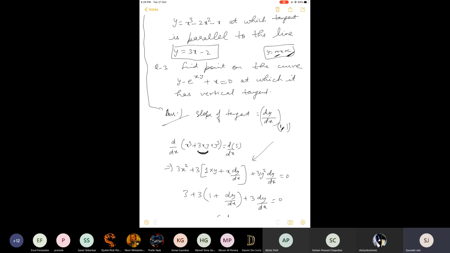Okay, so what is the meaning of this term? Vertical tangent means what? Find the point on this curve for which the tangent is vertical.